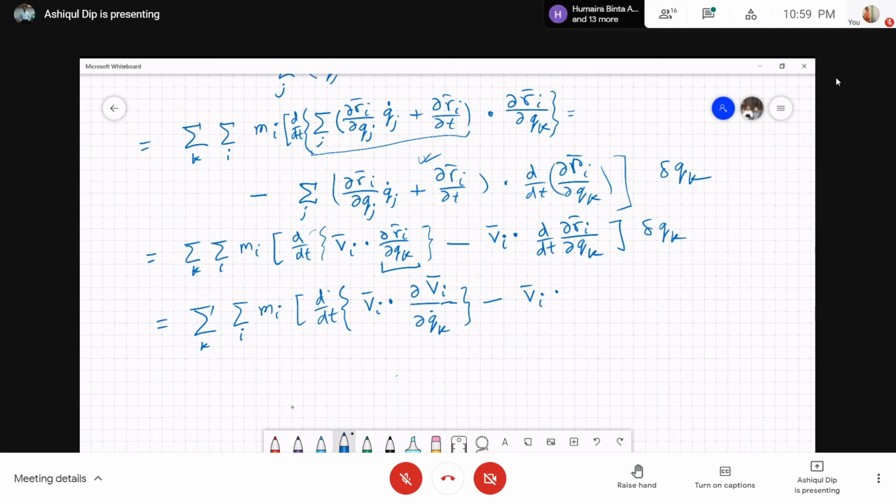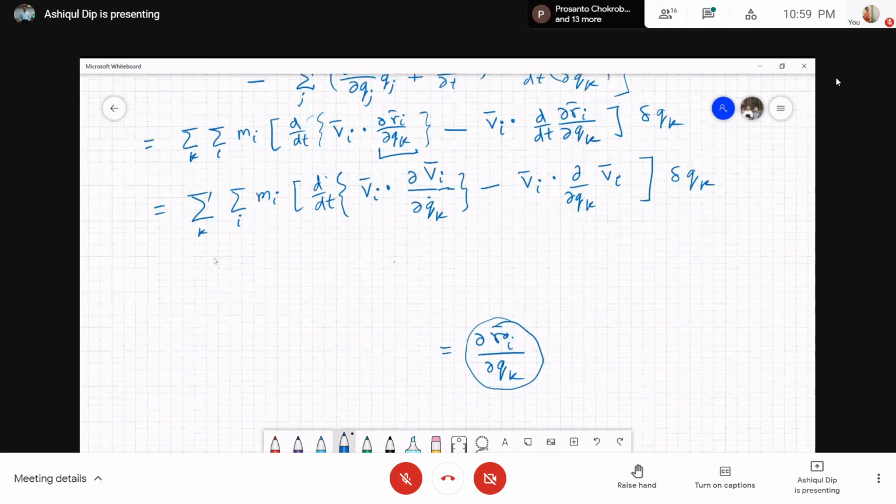So you are left with ∂/∂q_k of r_i dot, and what is r_i dot? It is velocity, so we can write it like this, v_i. Finally, we got the result we actually wanted.